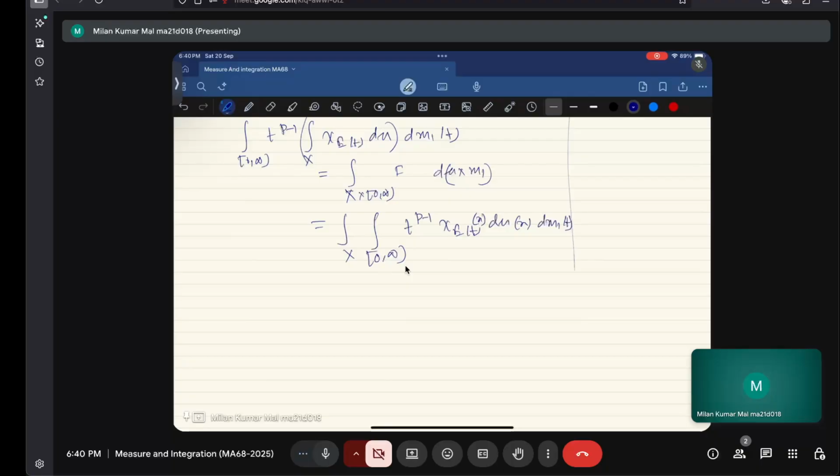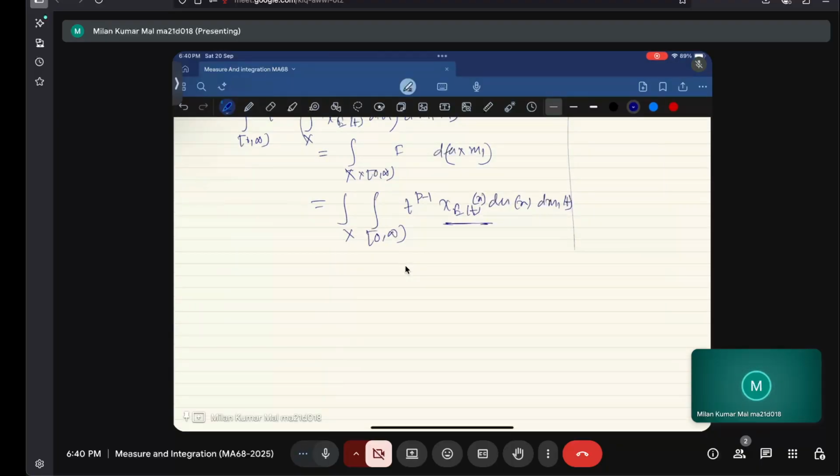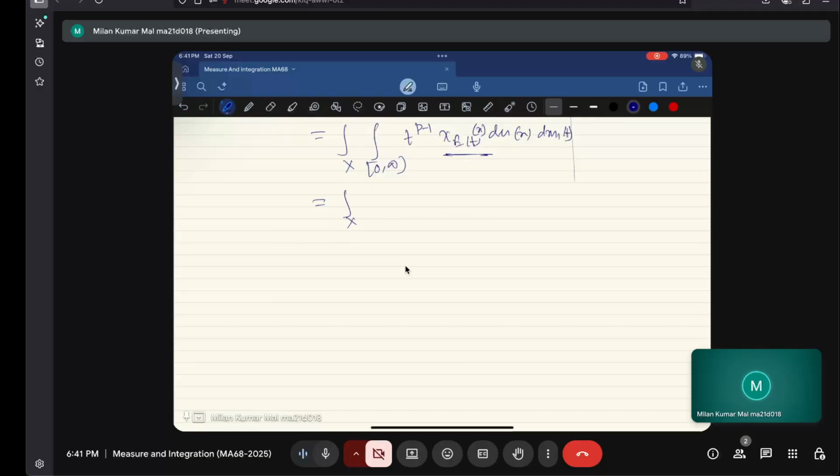But this function outside of 0 to |f(x)| is 0, so one can write this as the integral from 0 to |f(x)| of t^(p-1) dm1(t), and outside this is dμ(x).